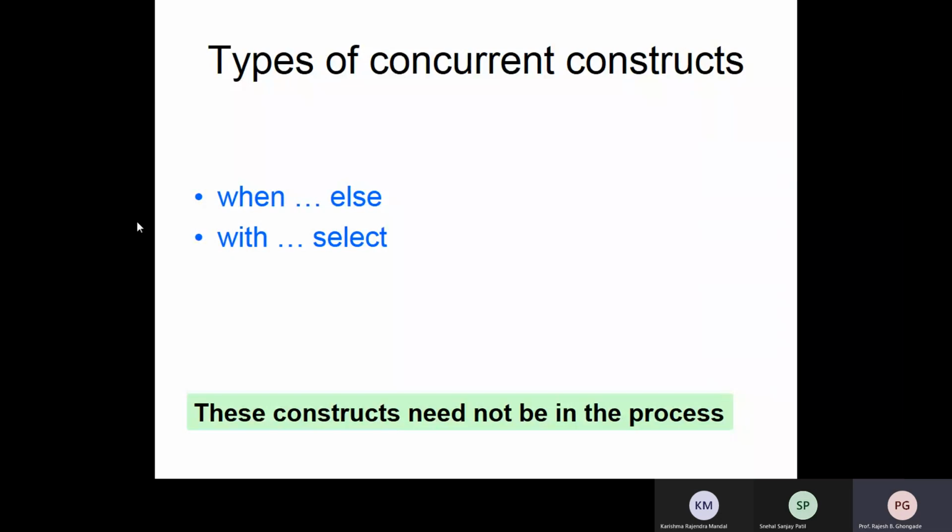So when I put so many when, else or with select kind of constructs, it is understood that these will work in parallel, that is simultaneously or concurrently in simple plain words. So when else and with select are the two constructs.